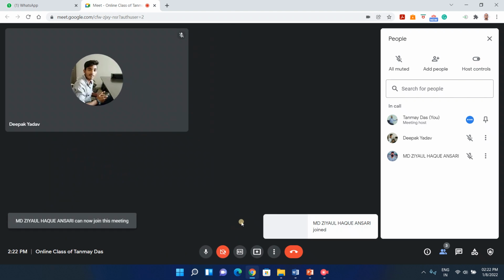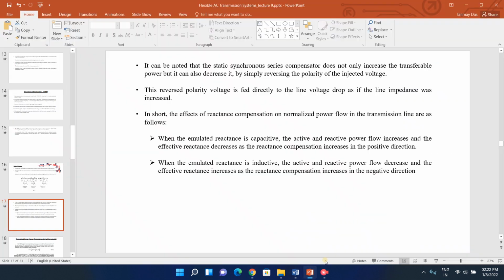It will act as an energy source also. But it is not only supplying the power, it is also drawing the power as well.